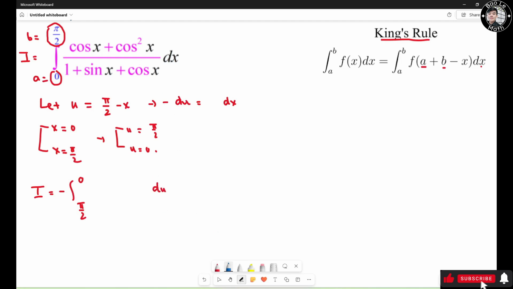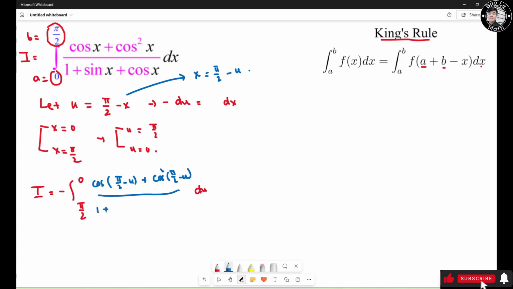Now the cosine of s becomes cosine of pi over 2 minus u, because s equals pi over 2 minus u, plus cosine square of pi over 2 minus u over 1 plus sine of pi over 2 minus u plus cosine of pi over 2 minus u.